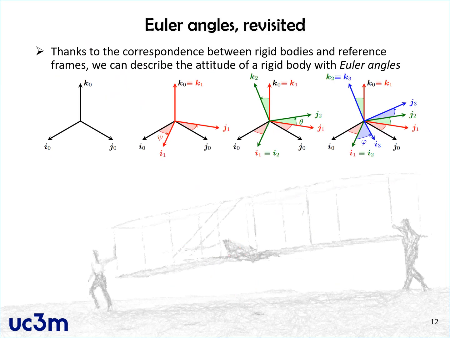To conclude this lecture, let us revisit the Euler angles. Right? So remember that Euler angles were a very useful tool to determine and describe the attitude of a reference frame. Well, since we can basically replace a rigid body with a body fixed reference frame, this is the trick that we will use to talk about the attitude of a rigid body as well.